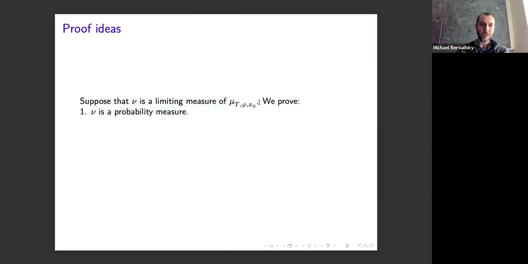Of course, it's trivial if gamma is co-compact, but otherwise it's not always easy. The second thing is to show that the measure nu is invariant under unipotents.